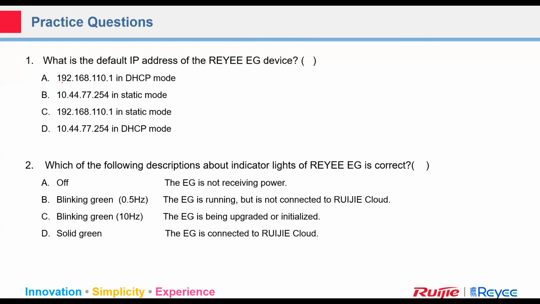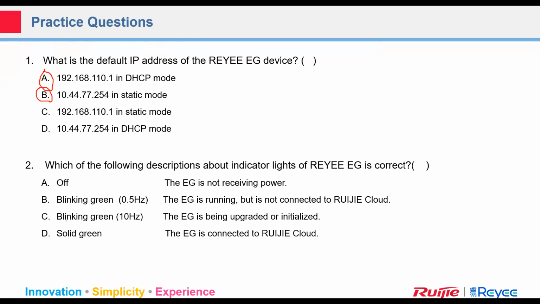So 192.168.110.1 is for DHCP mode, so A is correct. And of course, the static mode is 10.44.77.254. So the answer for this question is A and B.